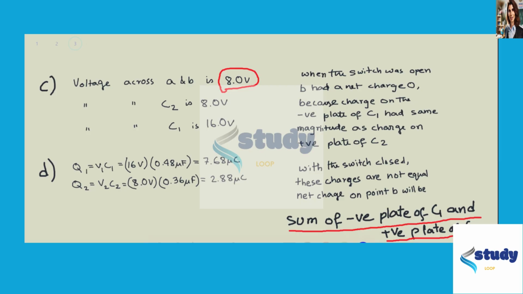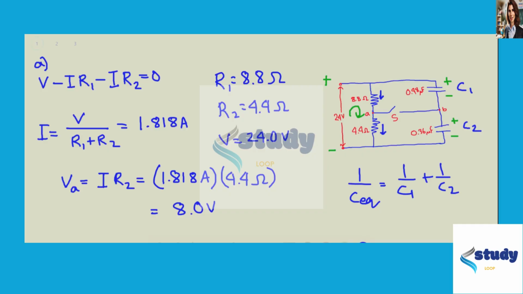Right. And so for part D, we need to find the charge. Once the switch is closed, these two are not in series anymore, and the charge will be different on each of them.